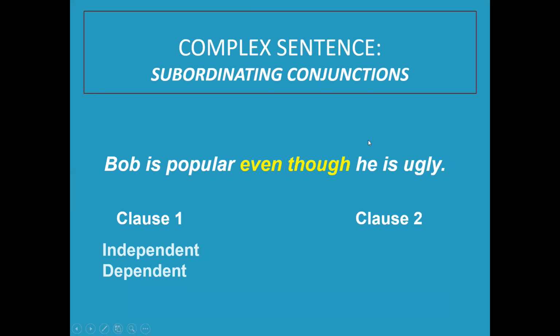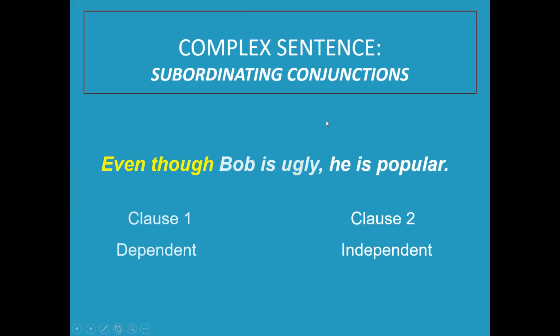Okay. This is another example. Bob is popular even though he is ugly. Means this "even though" is also used as a subordinating conjunction. And we can use that subordinating conjunction in the middle of the sentence, the initial part of the sentence, or at the end of the sentence. Okay.